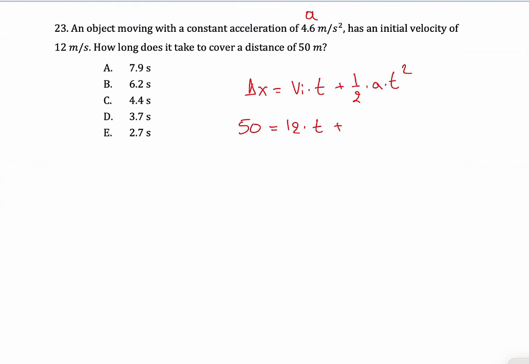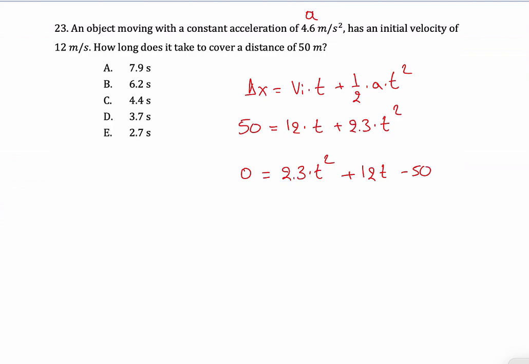Half of 4.6 is 2.3 t squared. Unfortunately, this is a quadratic equation, and in order to solve this, we're going to bring every term to the right side of the equation. So 2.3 t squared plus 12t minus 50 is equal to 0.